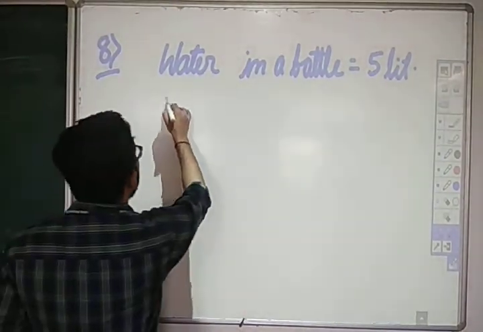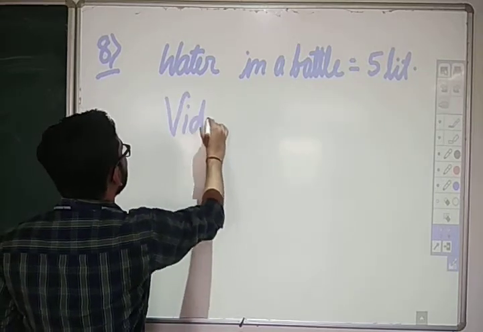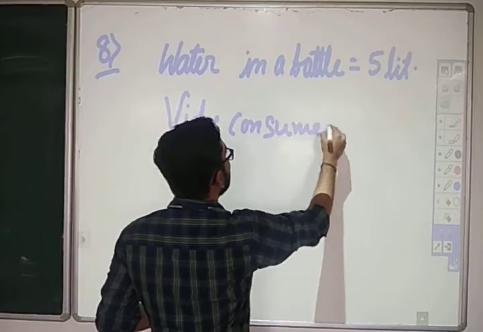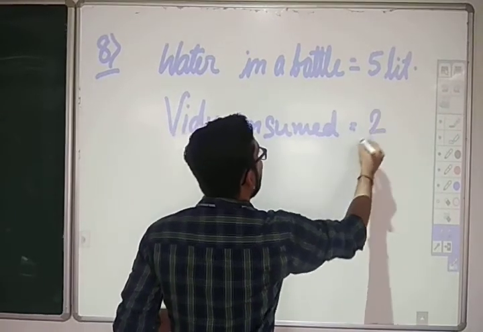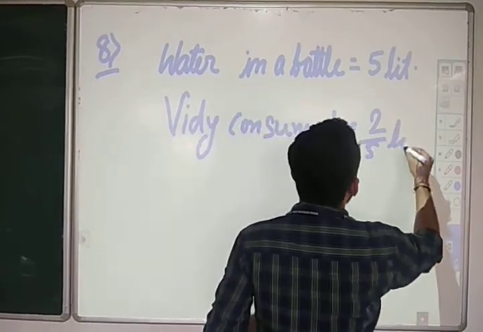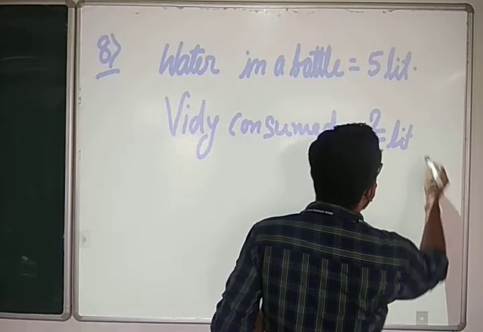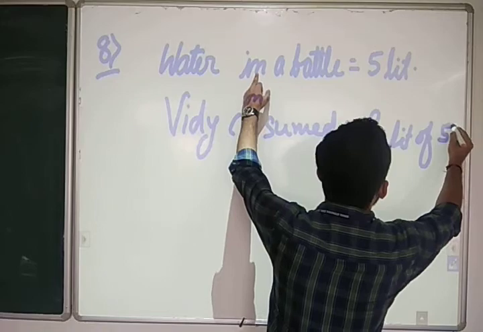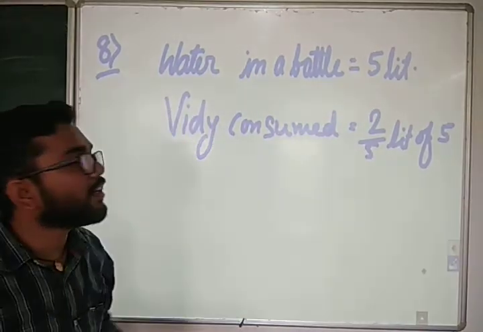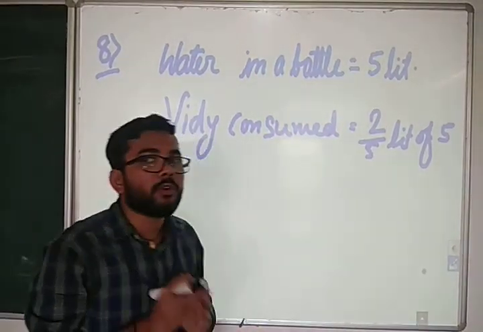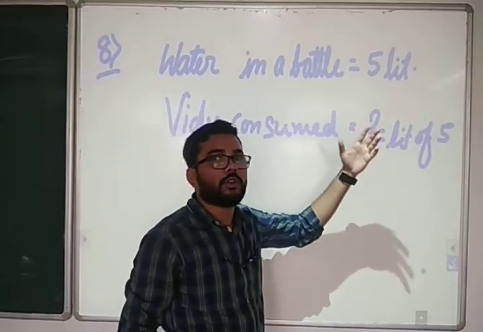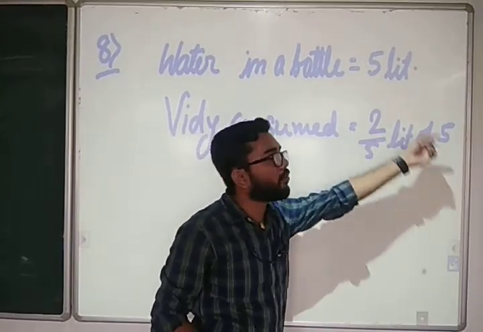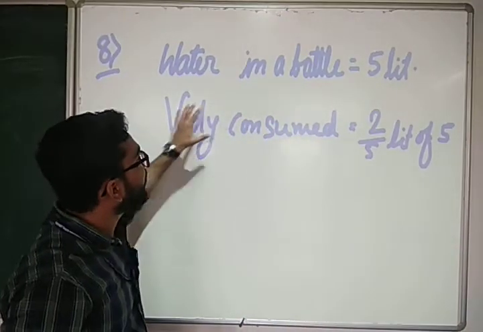And Vidya consumed 2 upon 5 of the 5 liters. Means how many liters did Vidya consume? 2 upon 5 of whatever the water in the bottle.